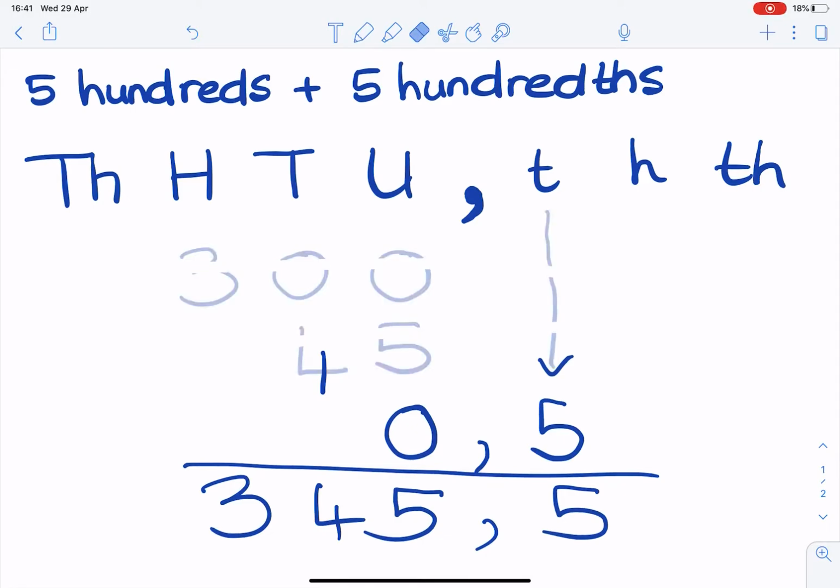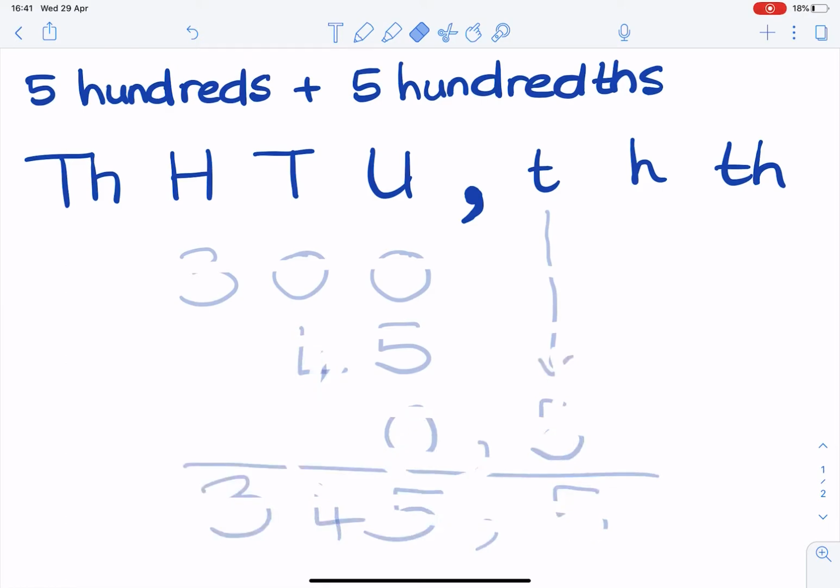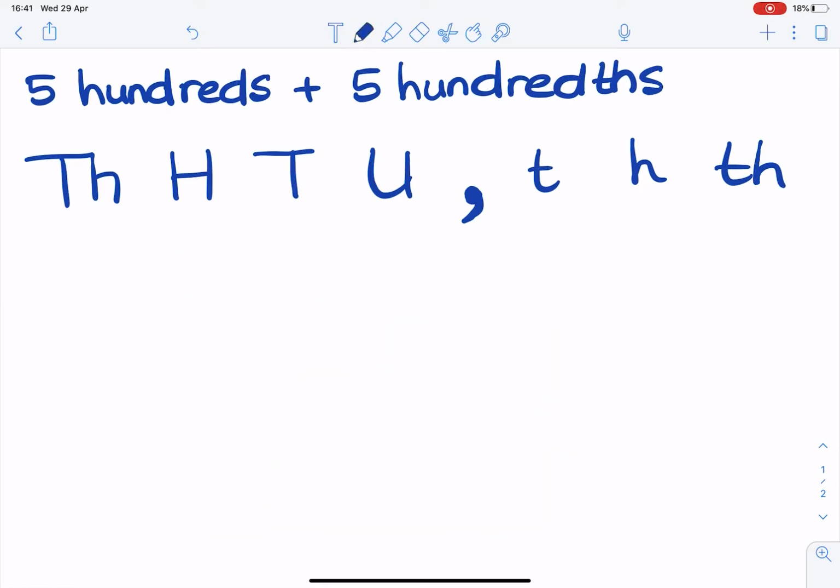Let's look at the next one. 5 hundreds plus 5 hundredths. There is no th in there. Hundreds, it is this column here.